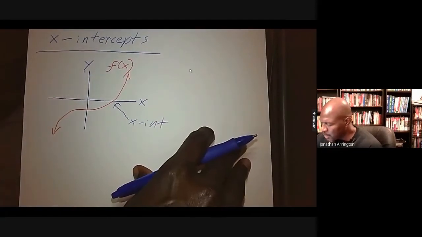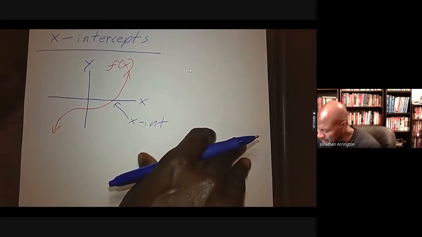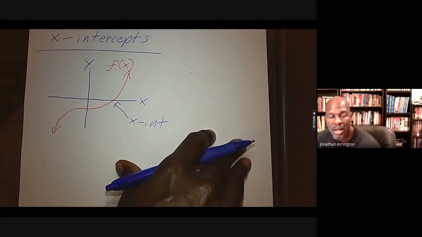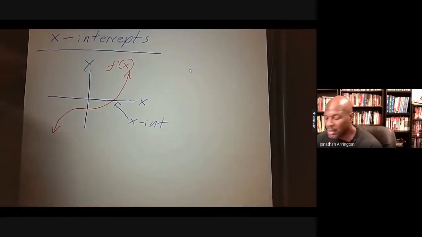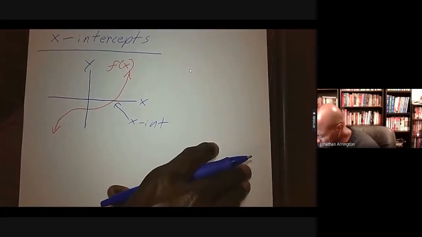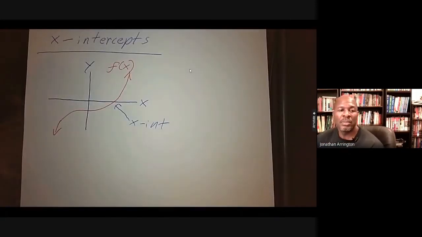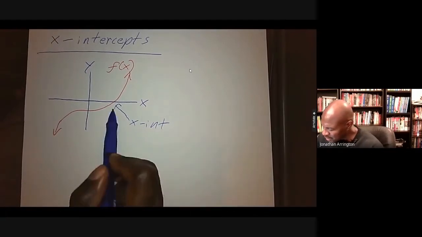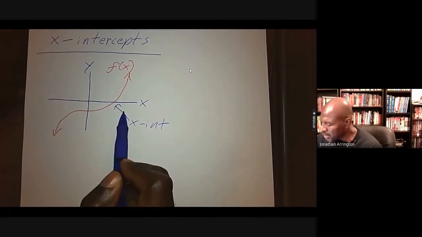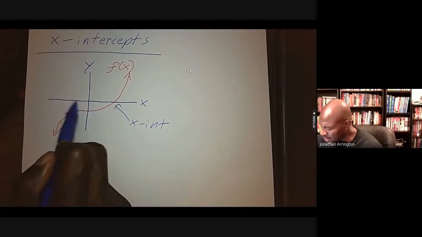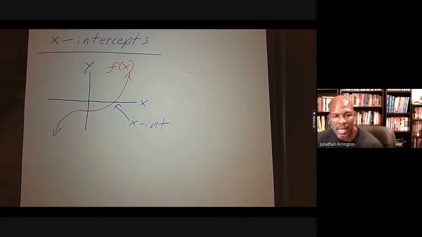Now, when we did y-intercepts, I was concerned about the value of x at the y-intercepts. So as you may guess, when we do x-intercepts, I'm concerned with the value of y at the x-intercept. So if you look at this x-intercept, or think about any point on the x-axis, what's the value of y have to be?